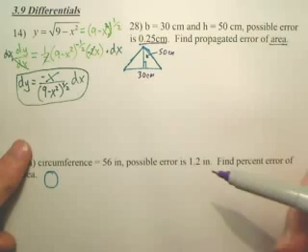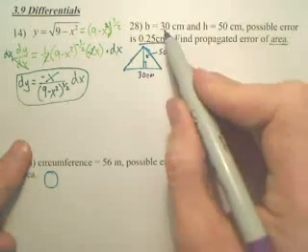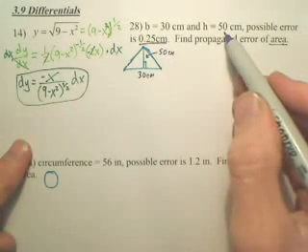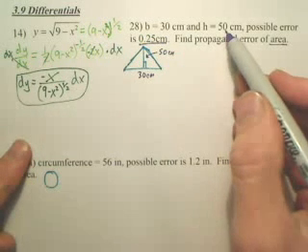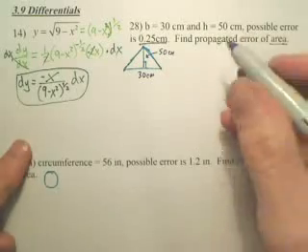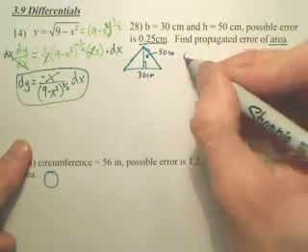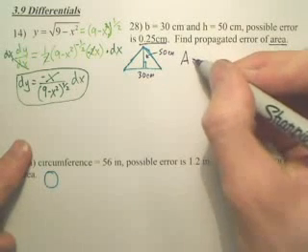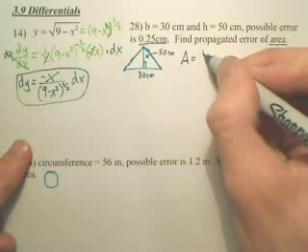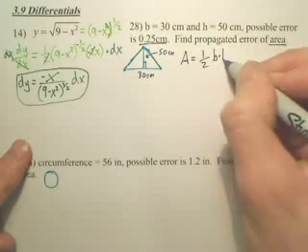So what would be the area? Well, the technical area would just be 30 times 50, right? Divide by 2, because it's a triangle. But with this situation, we're going to see what the error would be off by. So area is equal to 1/2 base times height, correct?